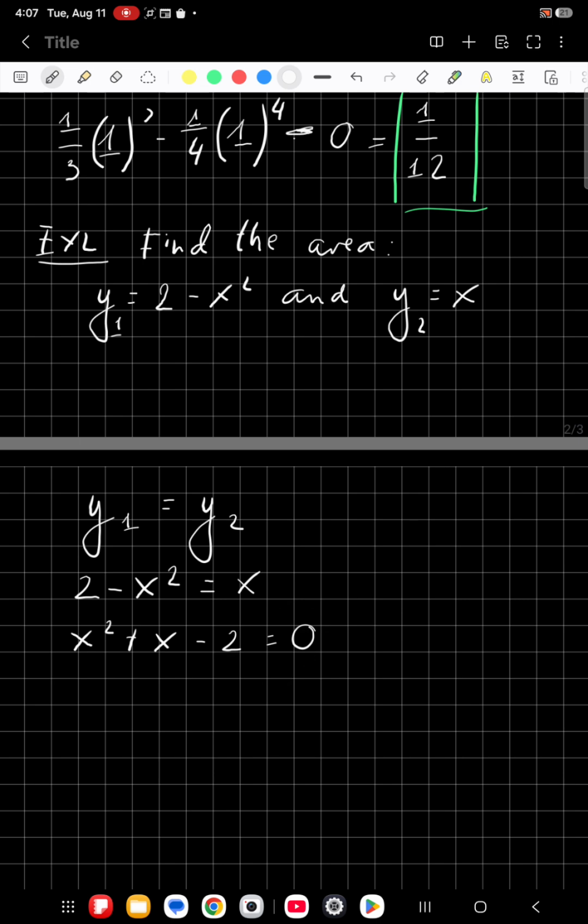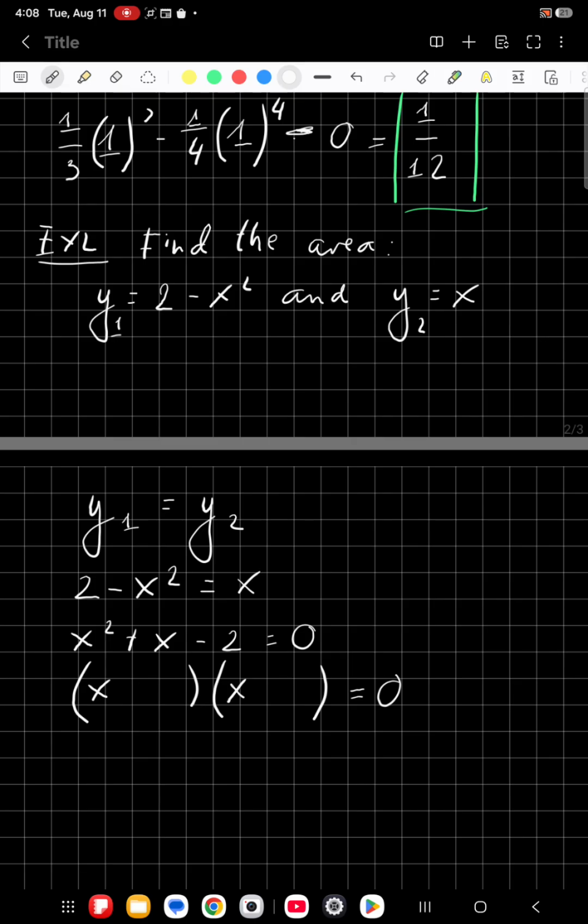We factor it. We're looking for two numbers that, when we multiply them, give negative 2, and when we add them, give positive 1. Those two numbers would end up here. So what are they?